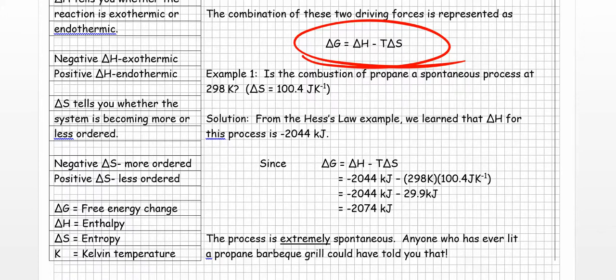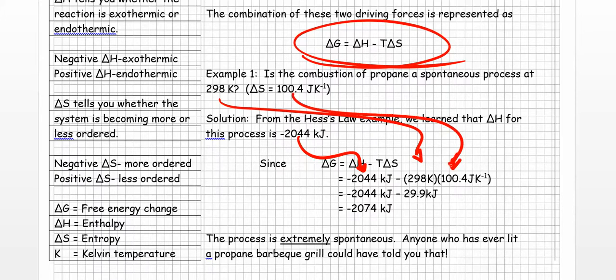Well, we're going to use the formula delta G is equal to delta H minus T delta S. We'll just plug in. So delta H, you recall, was a negative 2044 kilojoules minus the temperature. I'm told that the temperature is 298. So that goes right there. And I'm also told that the delta S, or the entropy change, is 100.4, right?